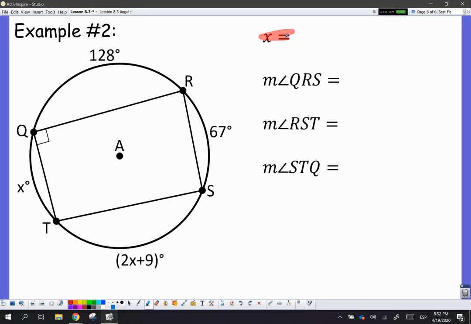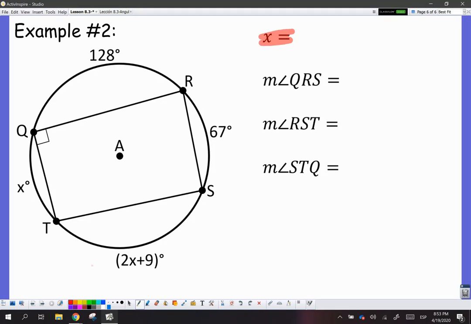And I'm going to do this in red. To find x, there's a couple strategies that we can use here. First of all, if you remember from our last video, the sum of all of the arc measures of a circle always add up to 360 degrees, right? Which means that if I combine all of these into a single equation and solve it, then I can find whatever x is here.